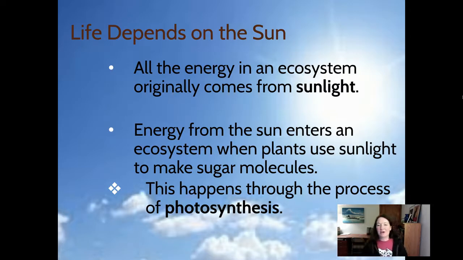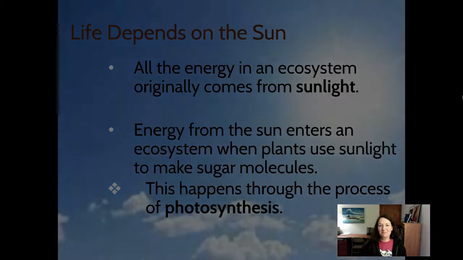So we can't go out in the sun and just lay there and make our own food. Though wouldn't it be really cool if we could? We need to eat plants that have done photosynthesis in order to get that energy. Either that, or we can eat organisms that have eaten plants. So it has to pass on up to us.